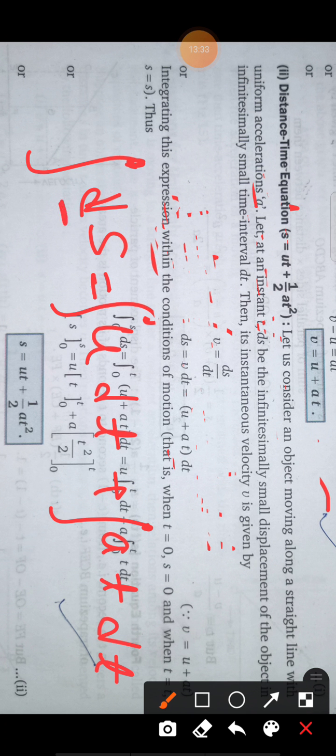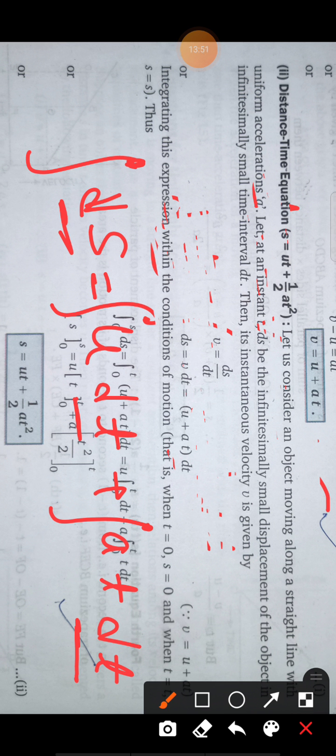Here the variable is s, displacement is the variable. In this term the variable is t, dt, time is the variable, and u is a constant with respect to t. Here the variable is also t, time is also variable. So we have to find the limits of time and displacement.